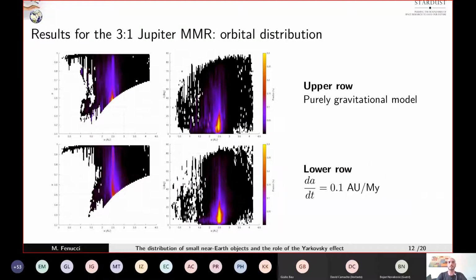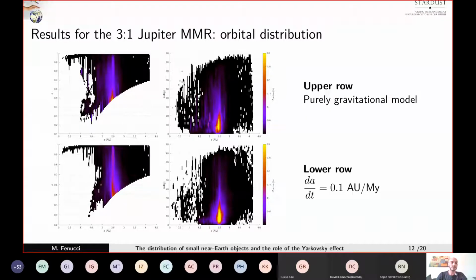Further, we can see also the orbital distributions. In the first row, I'm showing the results obtained in a purely gravitational model. And in the second row, it's the same distribution, but obtained using a Yarkovsky drift of 0.1 astronomical units per million year.